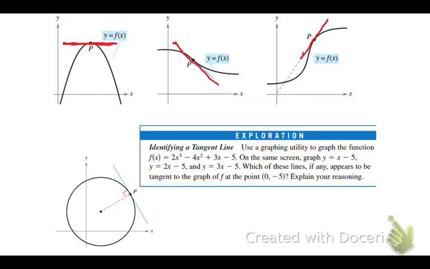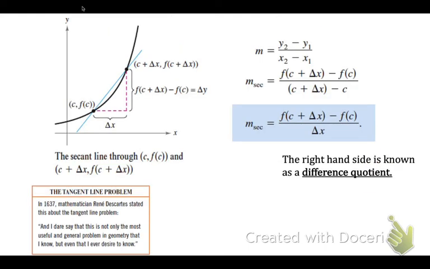Okay, so use a graphing utility to graph the function. We've explored that many times in the last two years. What we have talked about already is the secant line, the average rate of change between two points.